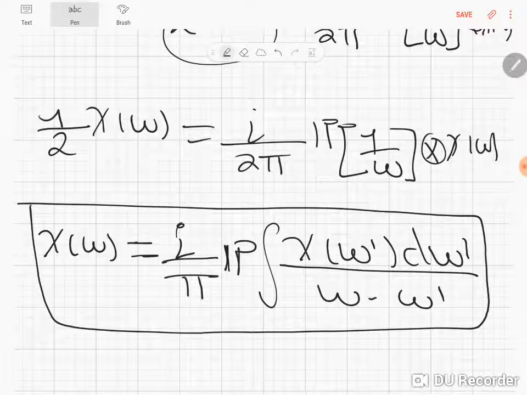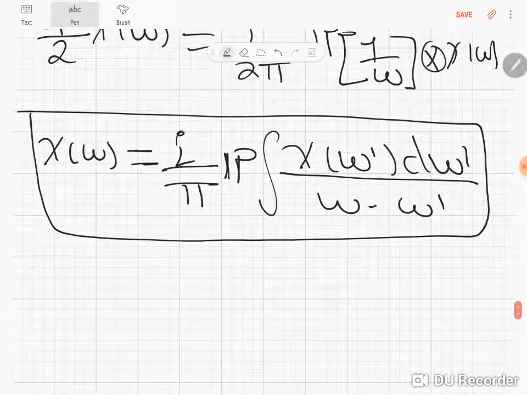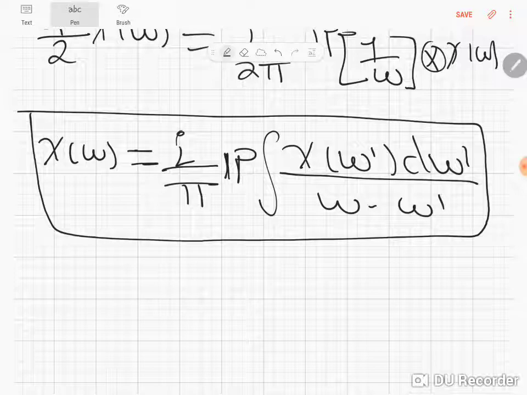And as you can see, we can more or less imagine that there will be some restrictions on chi of omega that we have to fulfill. And they will come from the fact that chi of omega is equal to some integral of chi of omega for some other frequencies at which chi of omega is evaluated.